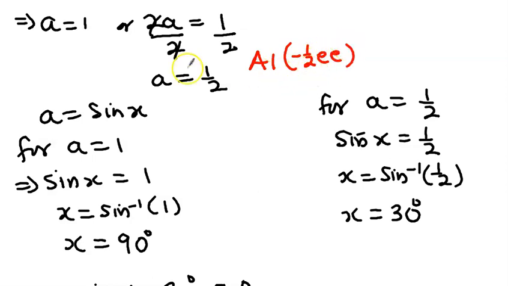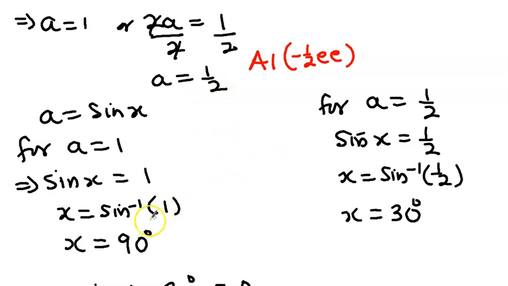So what it means is that with these two answers, if any of them is wrong, we subtract half from the accumulated mark, which is 1. So you get half mark. So it means that you are supposed to get all the two values correct.